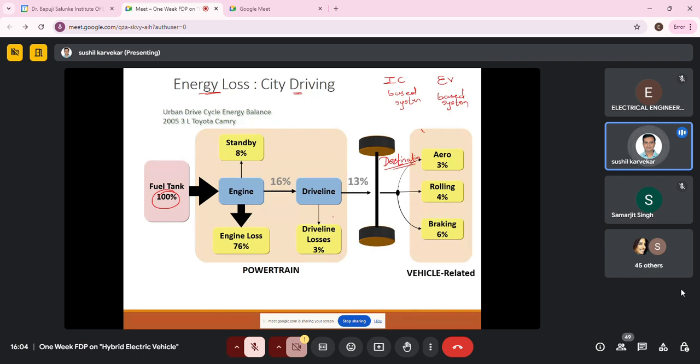So the very first part that we need to understand is about engine efficiency. Here, if we are considering the engine efficiency, we can see that the losses in the engine are around 76 and this is around 8%. So we get 16%. Can someone tell why it's coming over here as 16%?